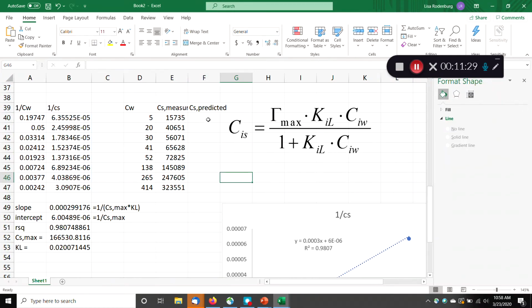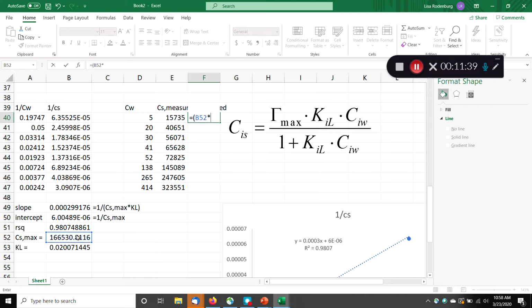Our CS predicted is equal to parentheses, CS max, which is the same thing as gamma max here. So CS max times KL times CW, parentheses, divided by parentheses, 1 plus KL times CW.